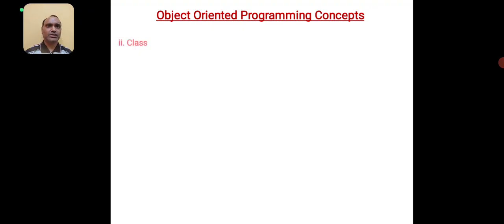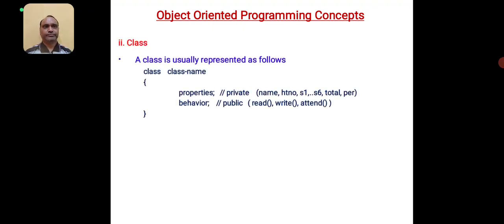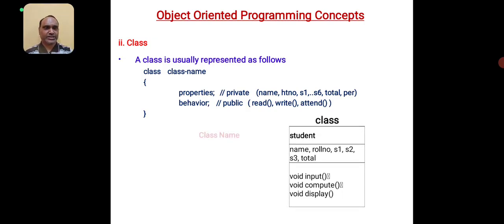Then coming to the third concept of object-oriented programming principles, that is data abstraction. So what do you mean by data abstraction? Before going to this, we will see how a class is represented in the program.